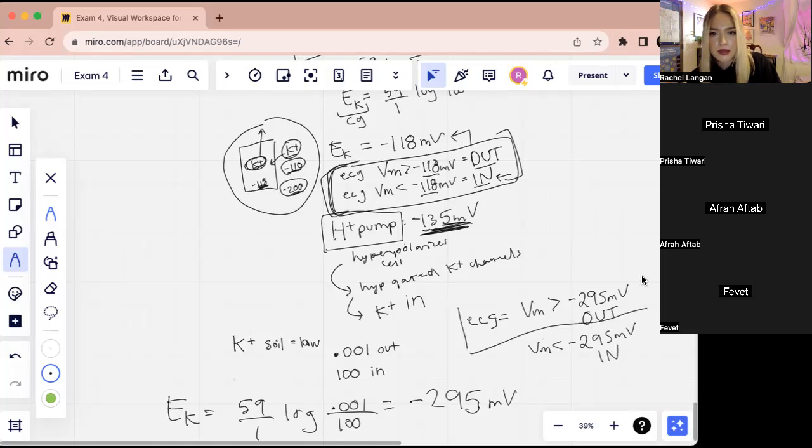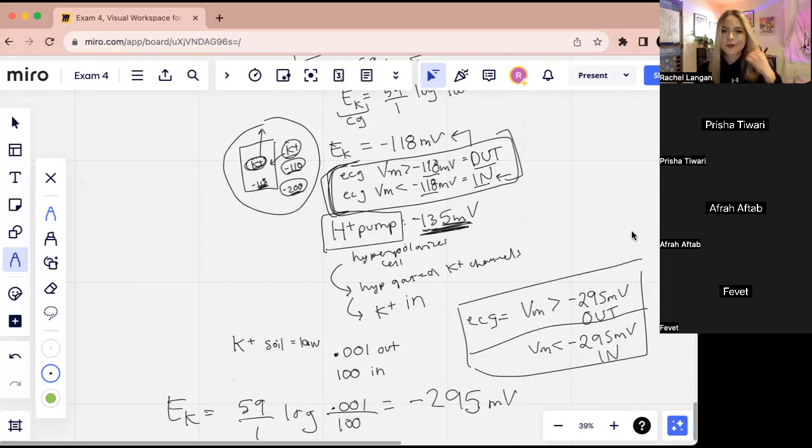Okay, so that's the math you would have to do to support your answer, but what is the effect of this? Well, think about what we just said normally happens. Hydrogen pump is active, gets it to like negative 135. Okay, now when we're at negative 135, which way does potassium want to move?